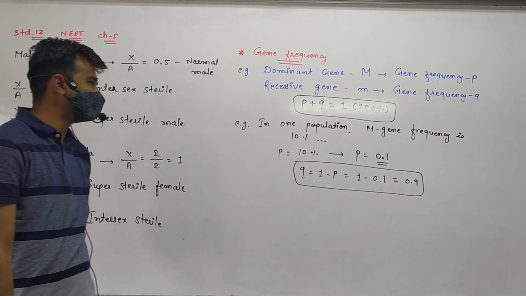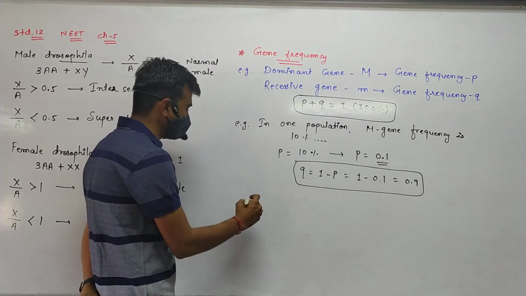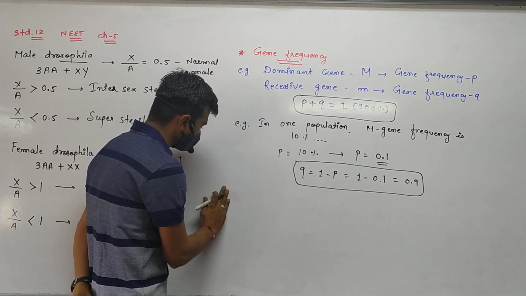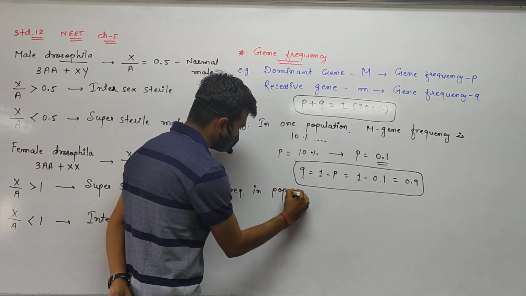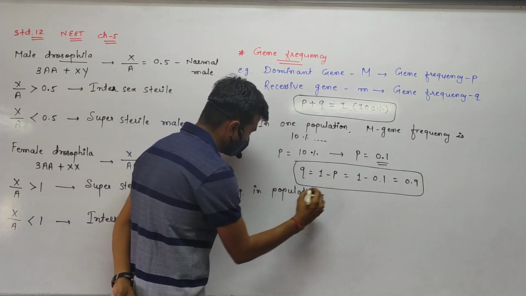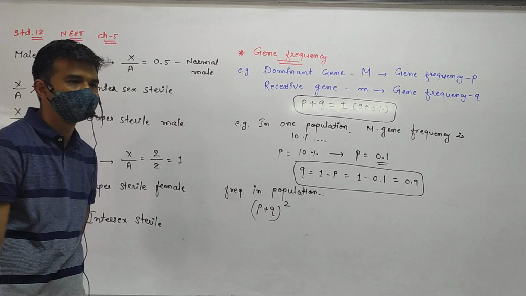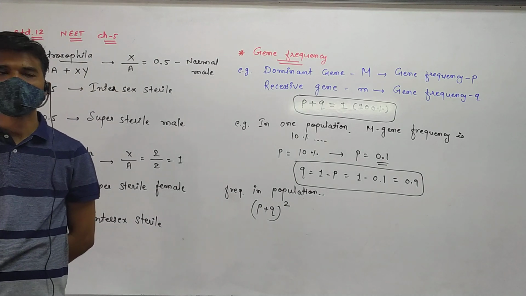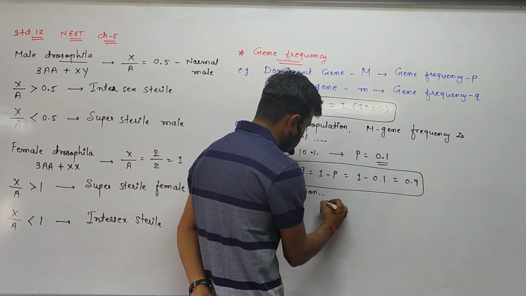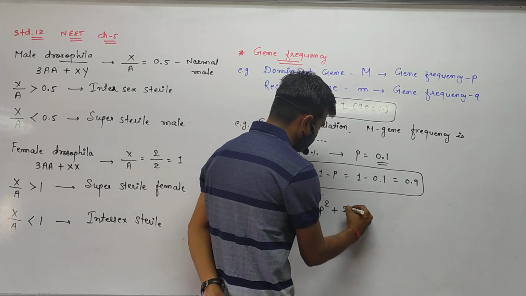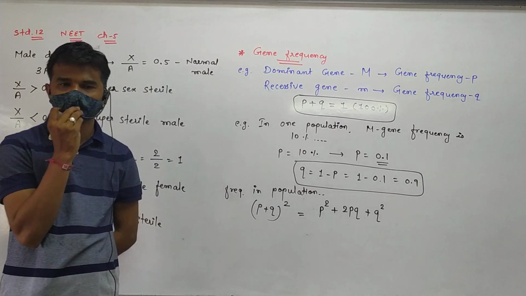Now, to identify the frequency in a given population, how to use this? Frequency in population is identified by (P plus Q) whole square. So now P square plus 2PQ plus Q square.